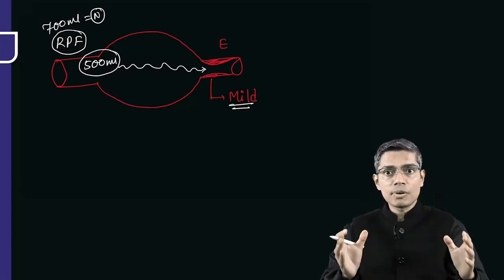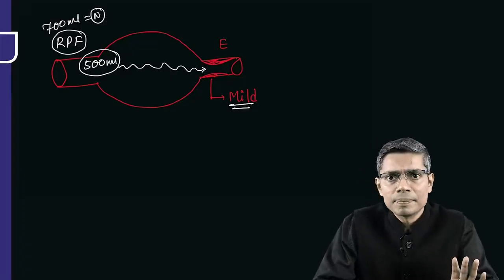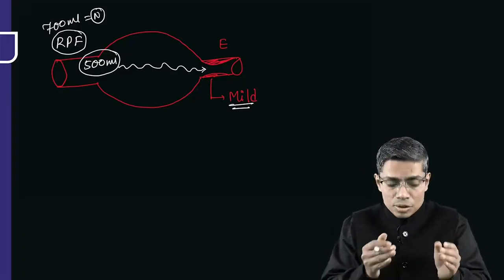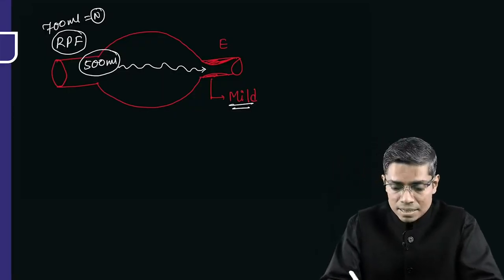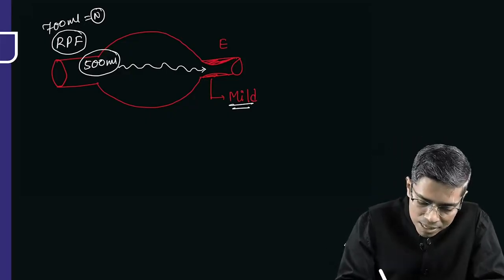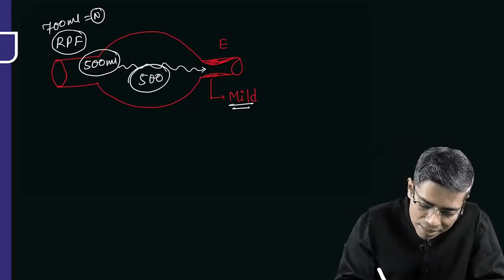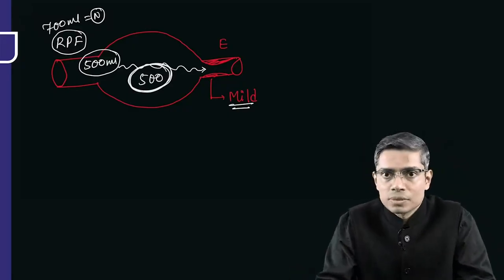So the plasma volume which is flowing at the level of capillary is lesser than normal. But that plasma is not able to go out of this glomerular capillary easily because the efferent arteriole is constricted. So this 500 ml of plasma is going to stay here at the level of capillary for some more time, more than 1 minute.